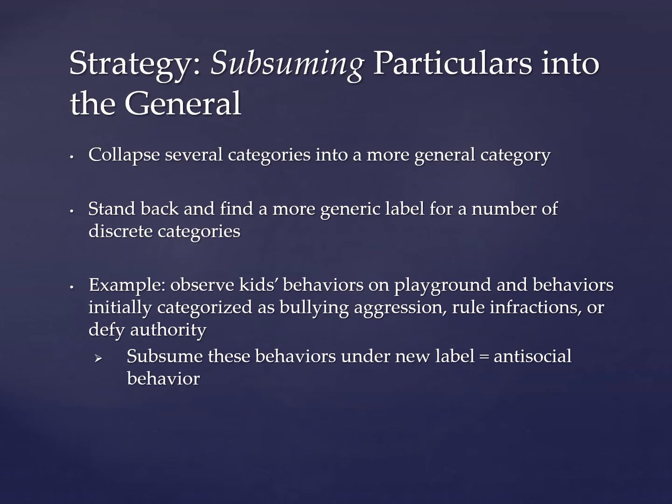If we observe kids' behavior on playgrounds and our behaviors are initially categorized as bullying, aggression, rule infractions, or defying authority, we can subsume these behaviors under a new label of antisocial behavior. So again, we're kind of looking at a bigger scope idea of what we're seeing there. So we're taking the three categories that we've noticed here and making one larger category that fits all of them.